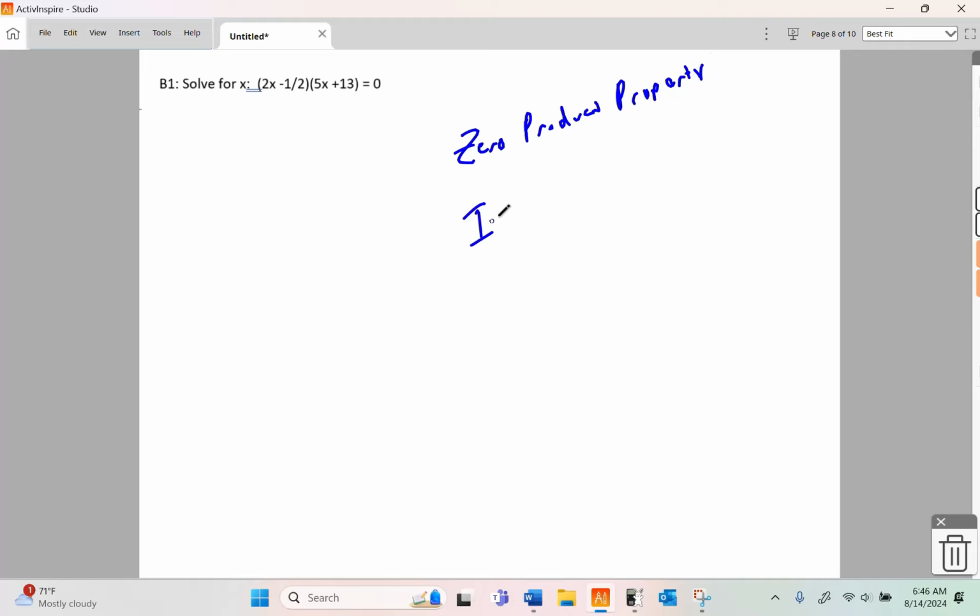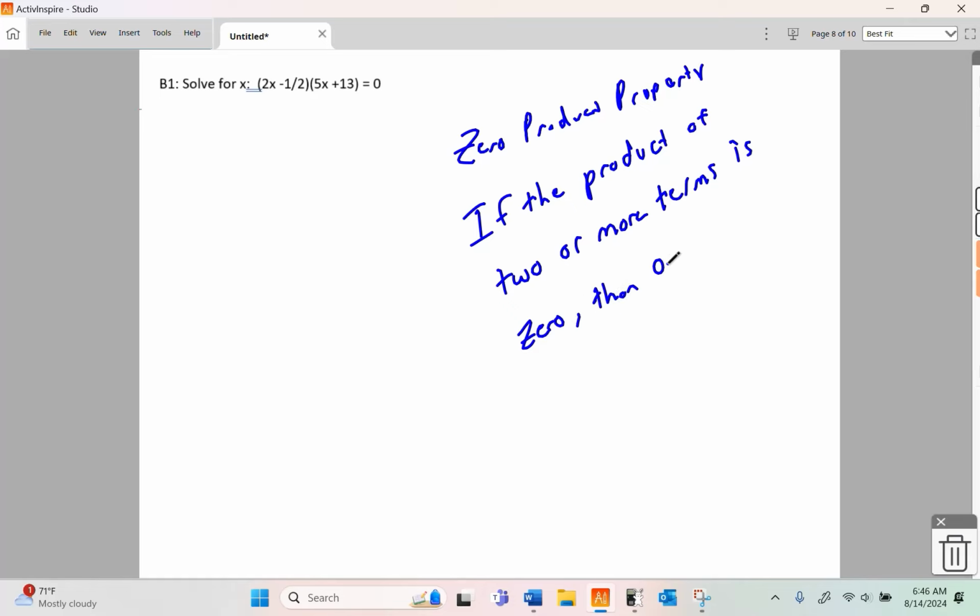But it says if the product of 2 or more terms is 0, then one or both must equal 0. That's the zero product property.